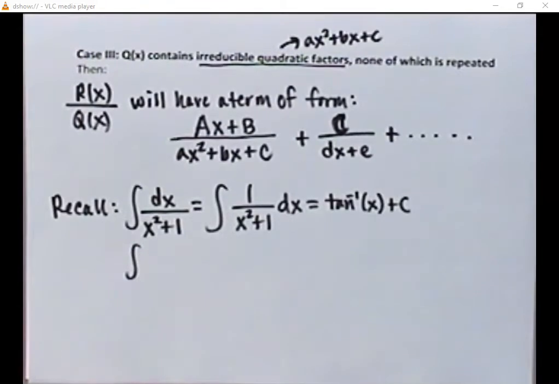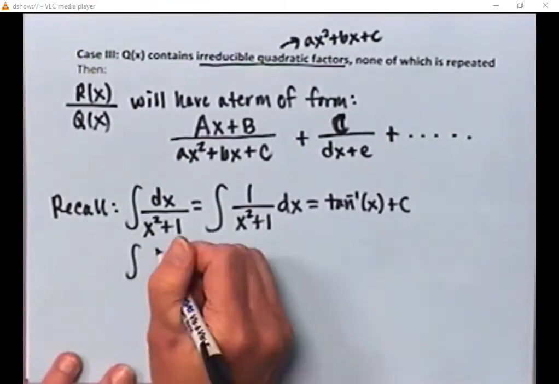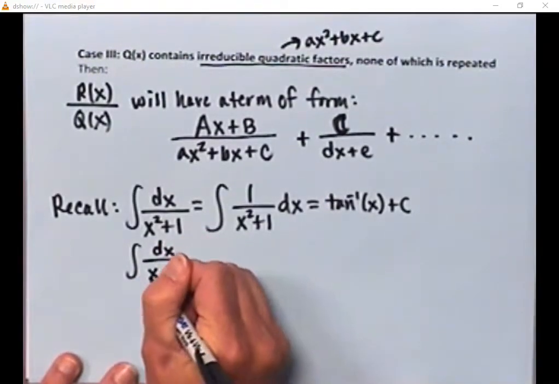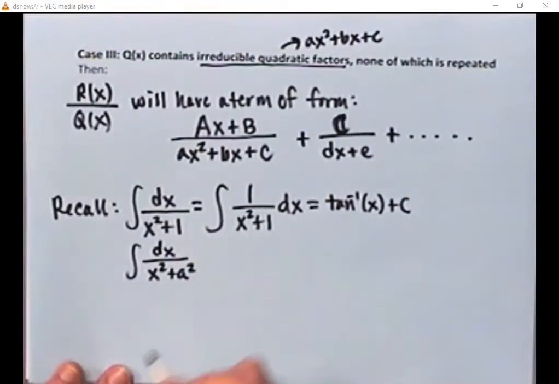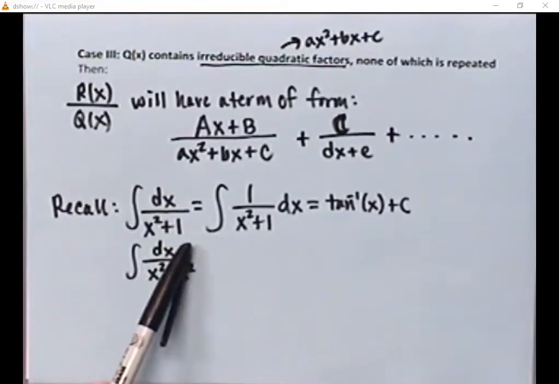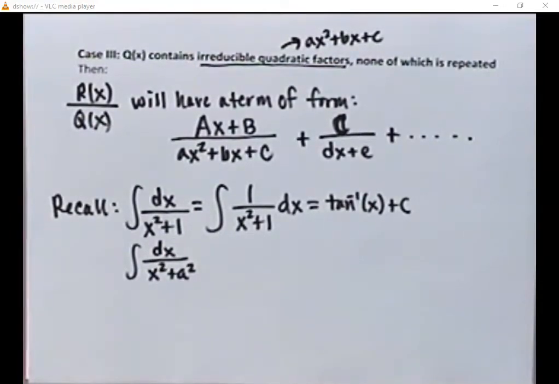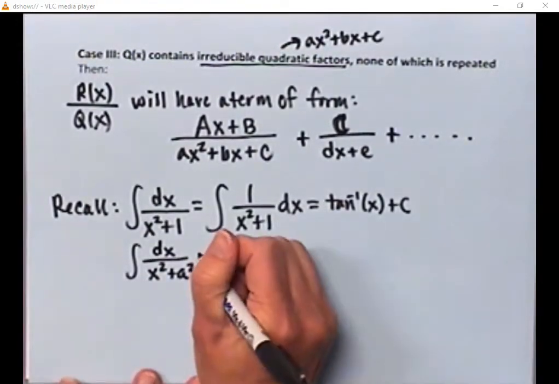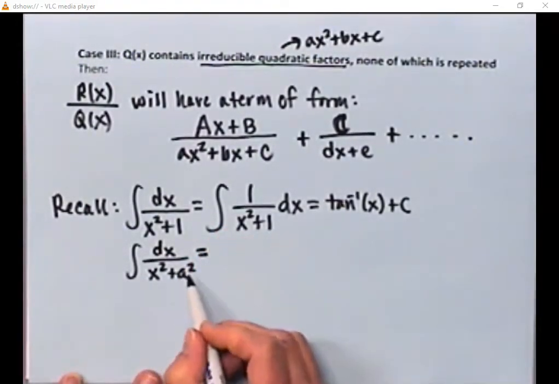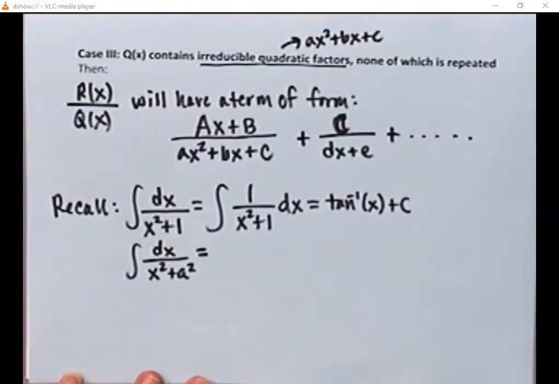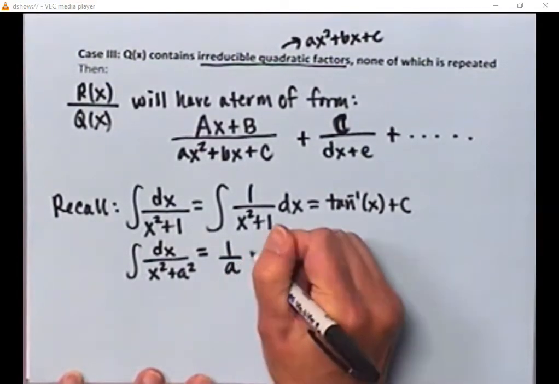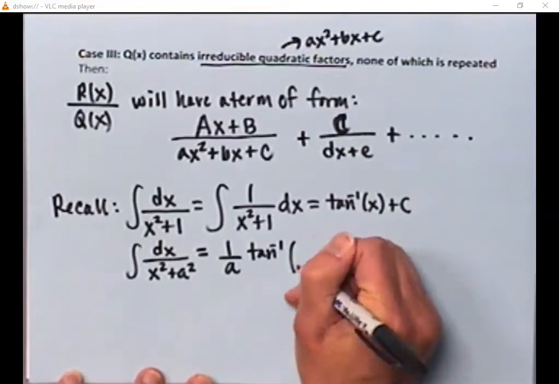And we can adjust for it if this is something other than 1. So if we have anything where it's x squared plus a squared, it will become the arctangent. So this doesn't just work for 1, it can work for any constant squared. So I'll give you how we adjust when it's a constant besides 1. This becomes 1 over a arctangent of x over a.